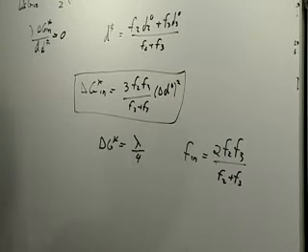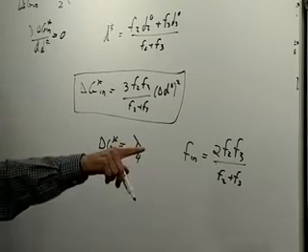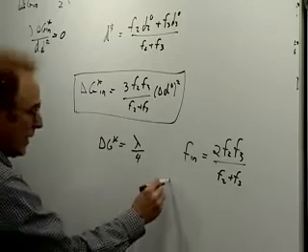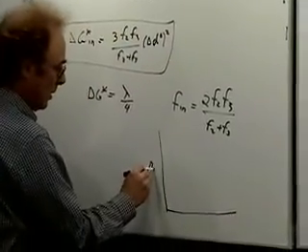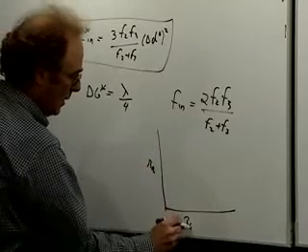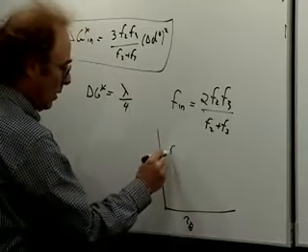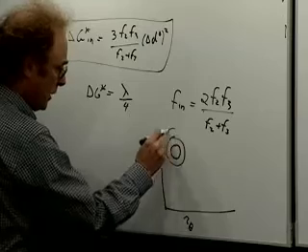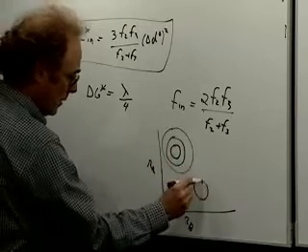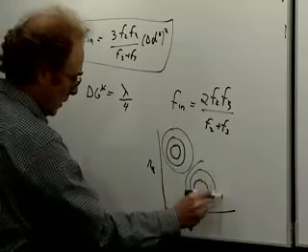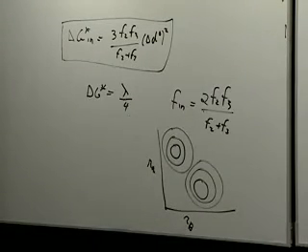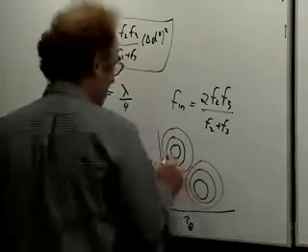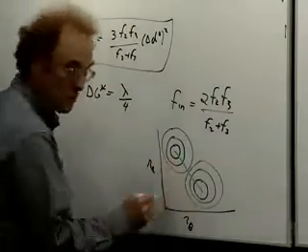And what the surface looks like now, this is RA and this is RB, looks like spheres, because the force constants are the same. And the reaction path is just straight across.